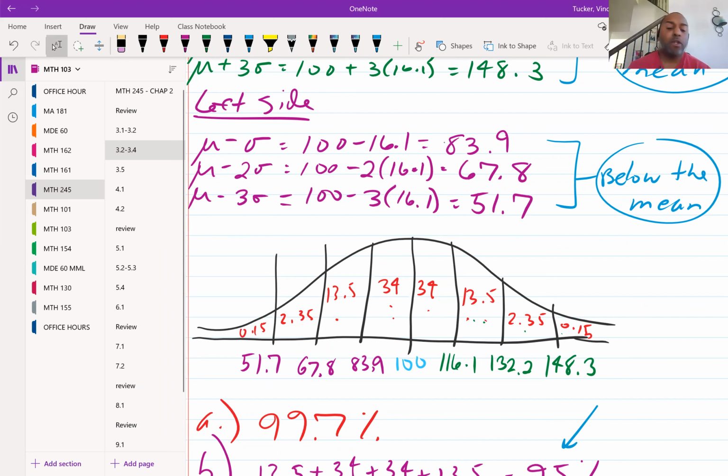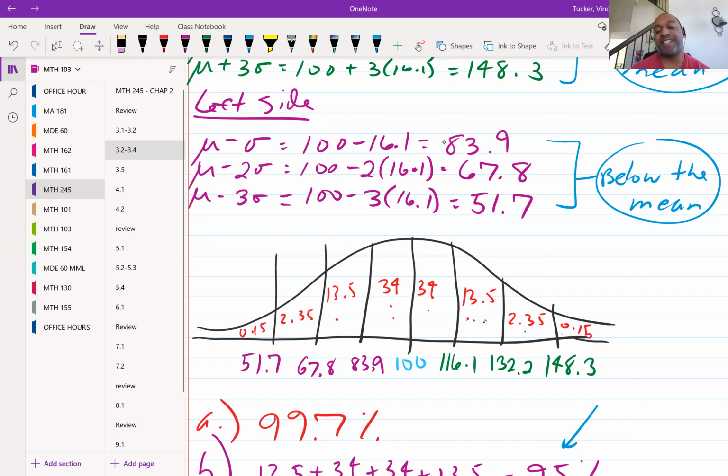All right. So we already talked about how we're going to calculate number one. Remember, if you go back to your statement, it says, according to the empirical rule, what would the percentage of the IQ scores be within 3 standard deviations of your mean?